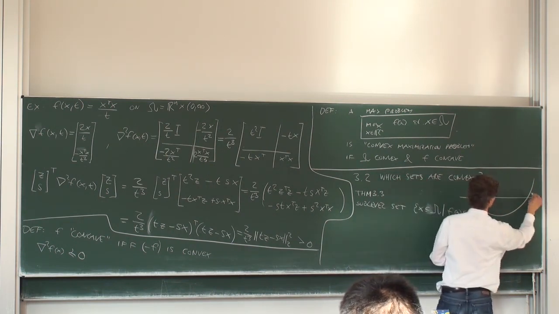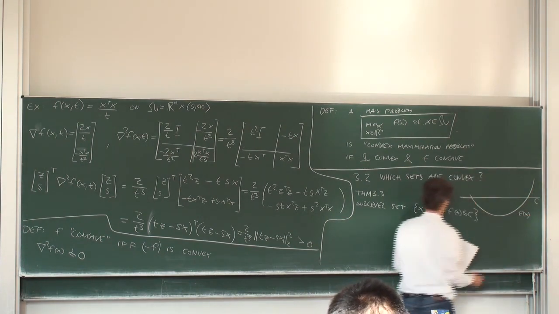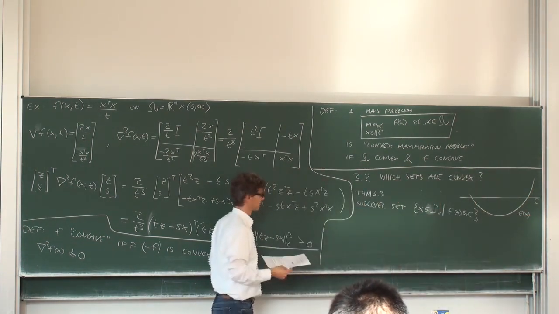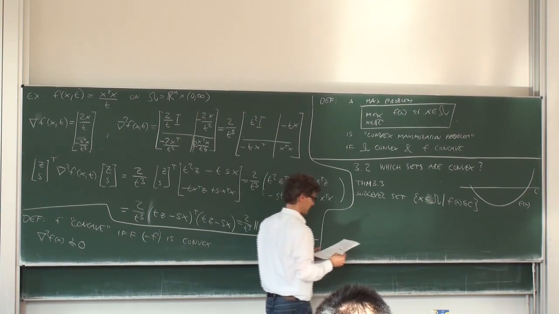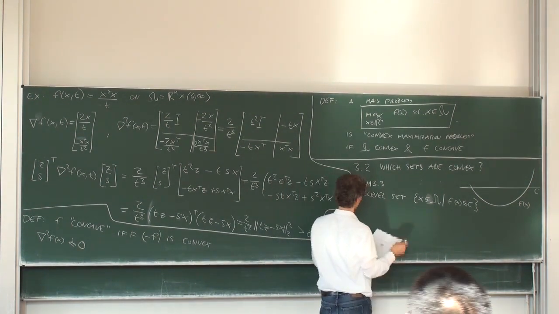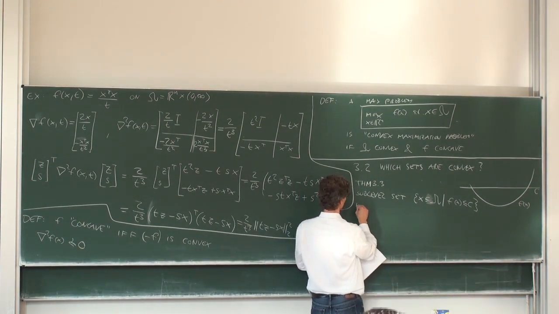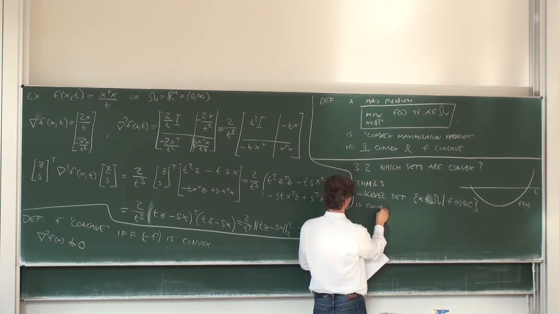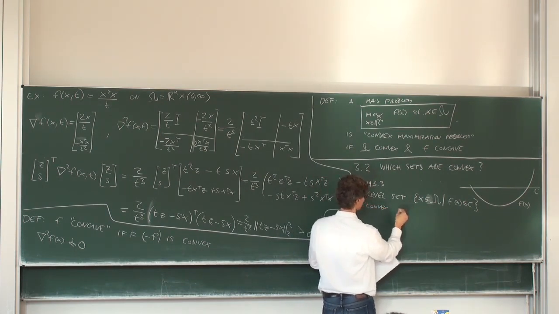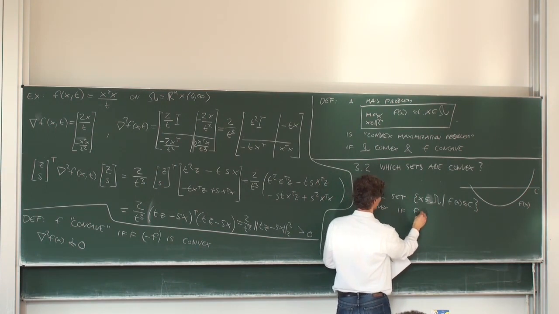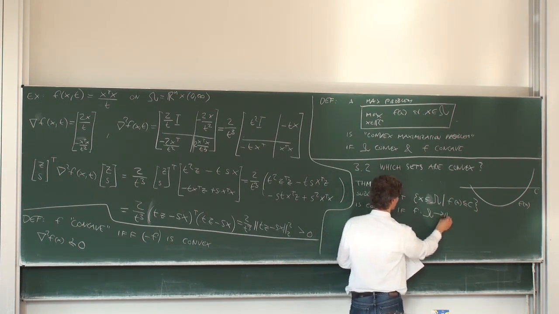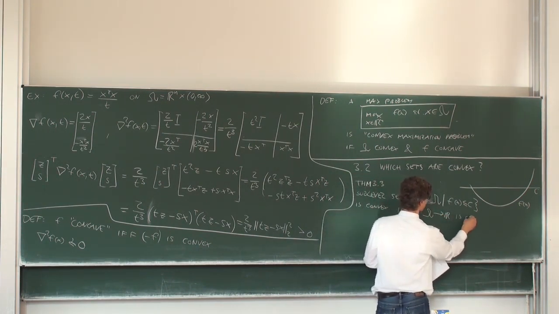Here's the level c. Here's the function f of x. And this set is convex if f from omega to R is convex.